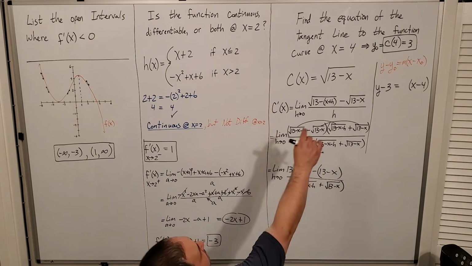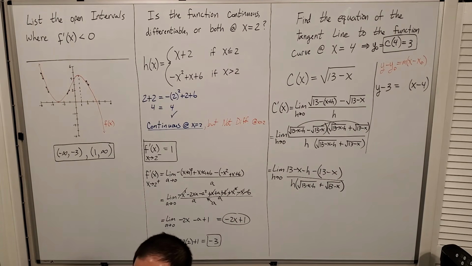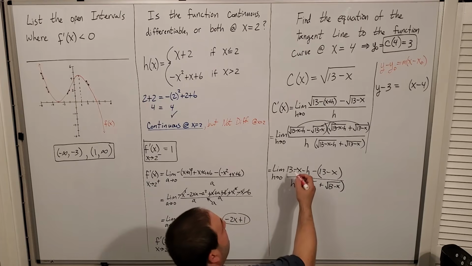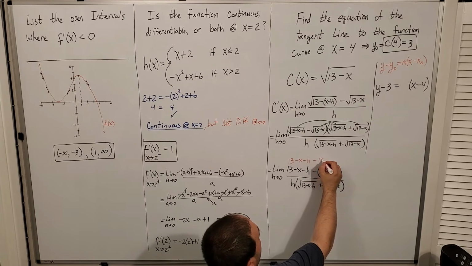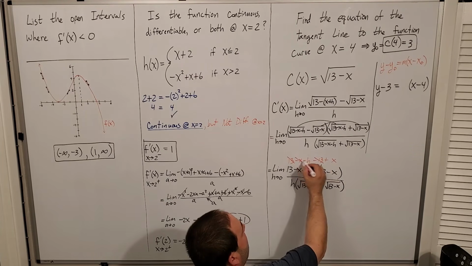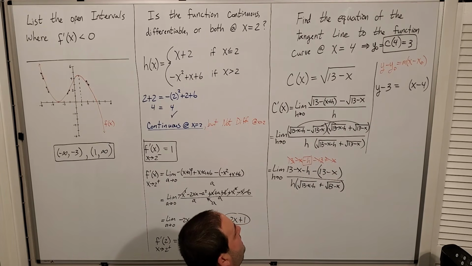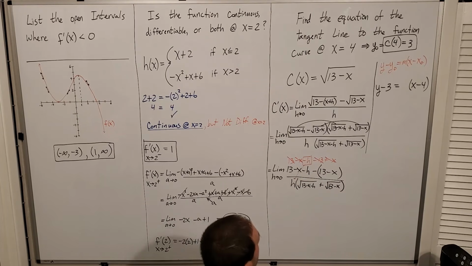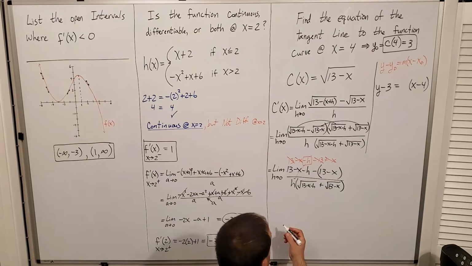Now, if I distribute here, note that what I will get is 13 minus x minus h minus 13 plus x. So the 13s are going to add out, and the negative x and the plus x are going to add out, leaving me with a negative h. Negative h divided by just this multiplied h right here is going to leave me with a negative 1 in the numerator.